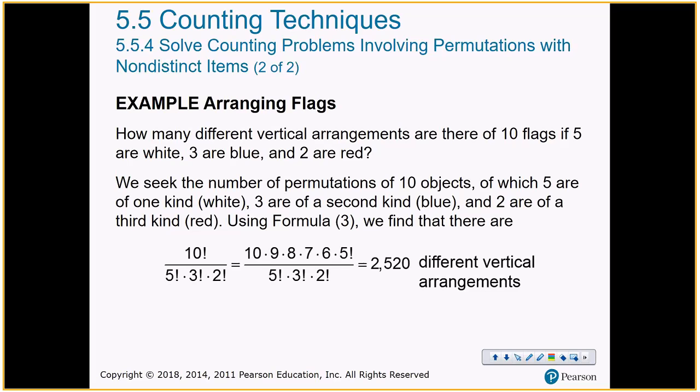How many different vertical arrangements are there? And they love flags, especially like the flags on the beach. That's what they like, you know, the red and the blue and the whatever. So how many different vertical arrangements are there of 10 flags if 5 are white, 3 are blue, and 2 are red?